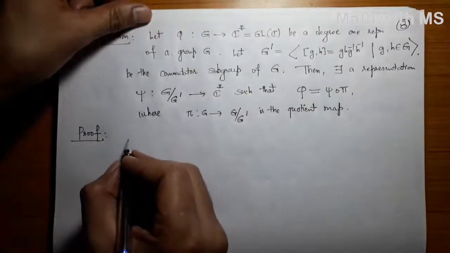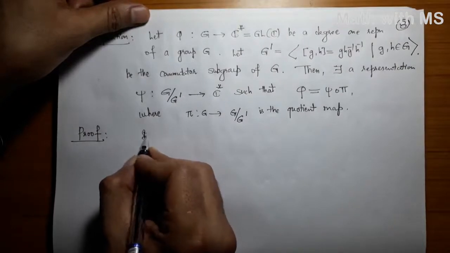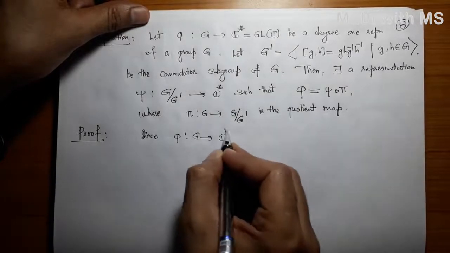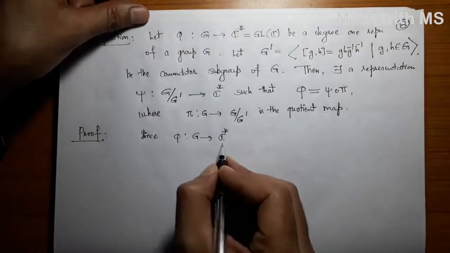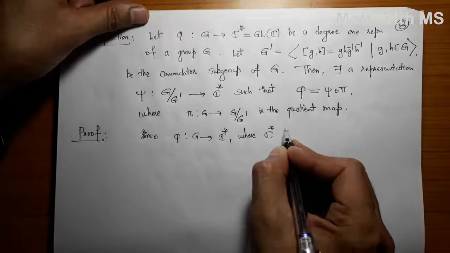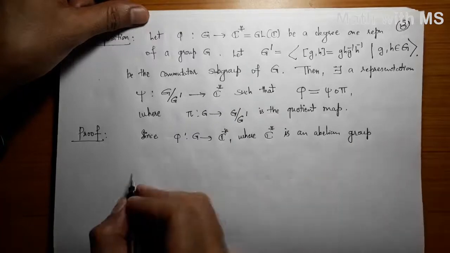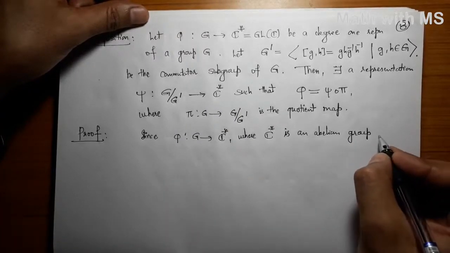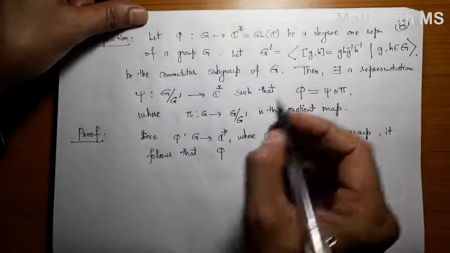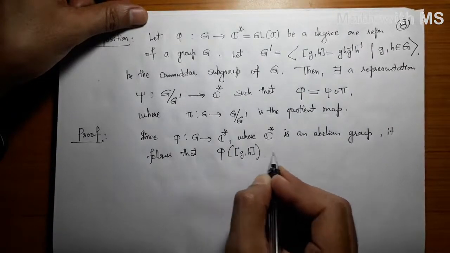so let's prove this. Since phi is a map from G to C star, and C star is an abelian group, it follows that phi acting on any generator of the commutator subgroup, so phi applied on any commutator [G,H], what is this going to be?